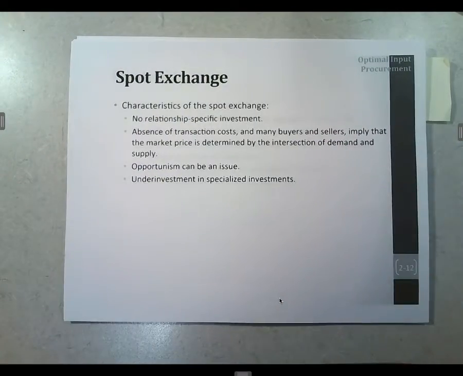So let's look at each of these kinds of markets. First, let's start out with the spot exchange. In the spot exchange, what we have are obviously no specific relationship-specific investments.